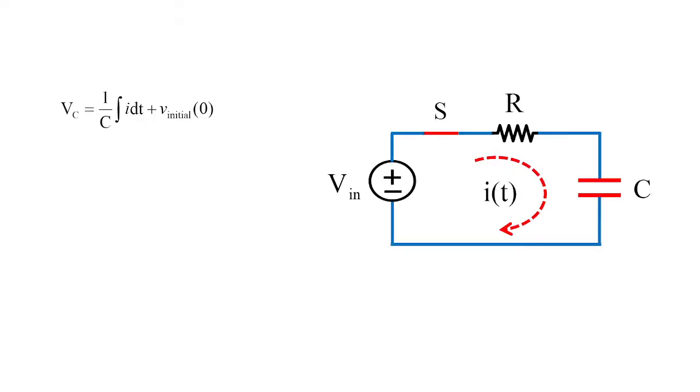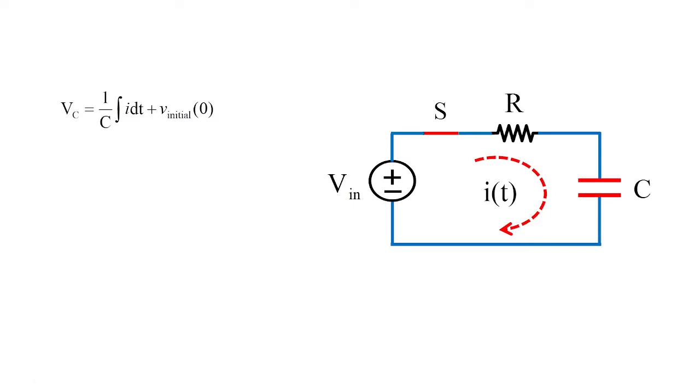What we should keep in mind before solving RC circuits, especially when dealing with transient analysis, is that the voltage developed in the capacitor is given by Vc is equal to 1 by C integral i dt plus V initial of zero.